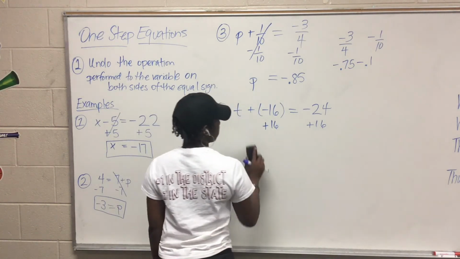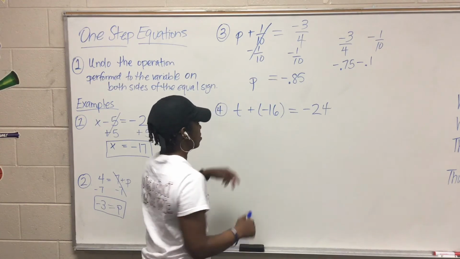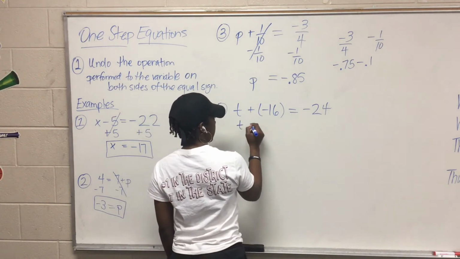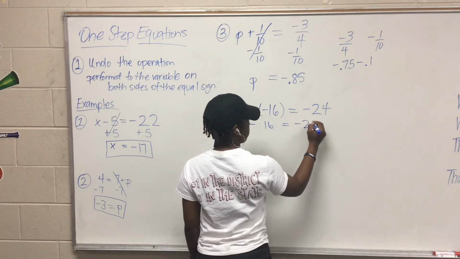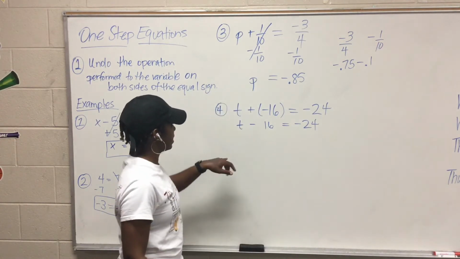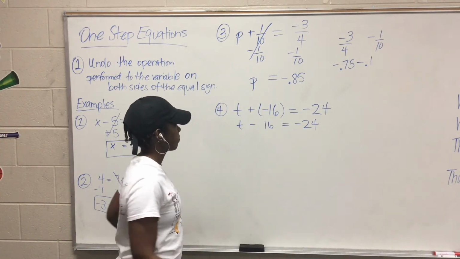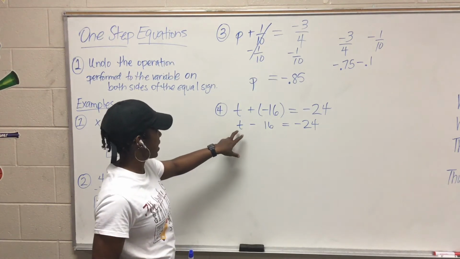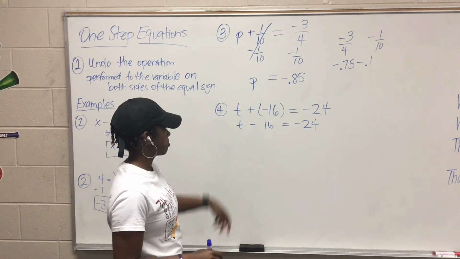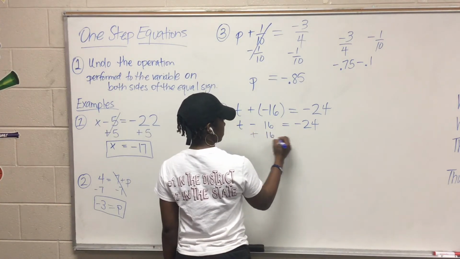A better way to see that is if we were to KCC and change this, it would be t minus 16 equals negative 24. That is still saying t plus negative 16. So you can clearly see this way that they are subtracting 16 from t. So we add 16 on both sides.